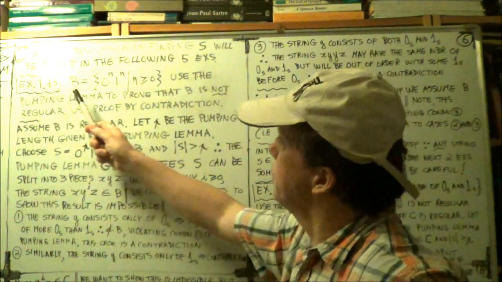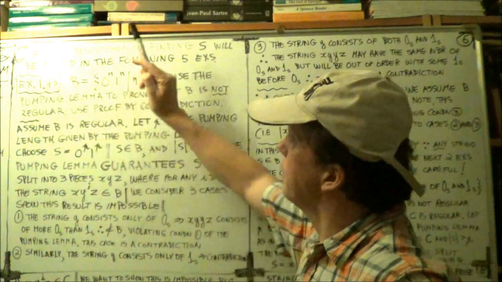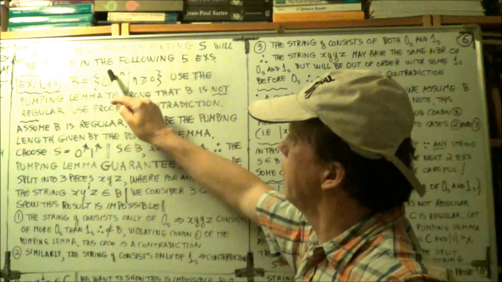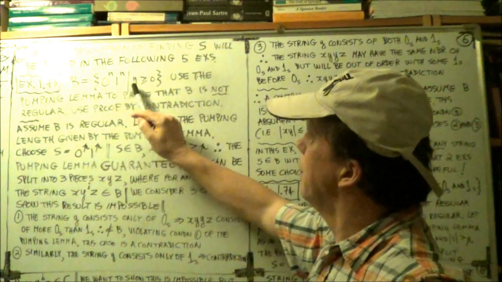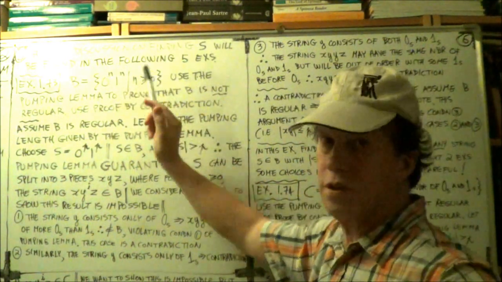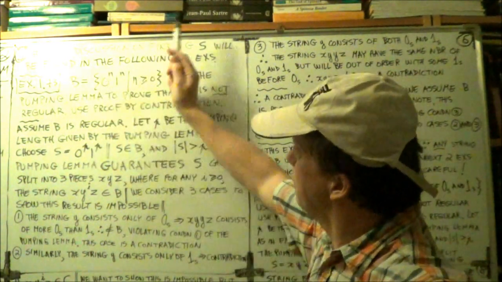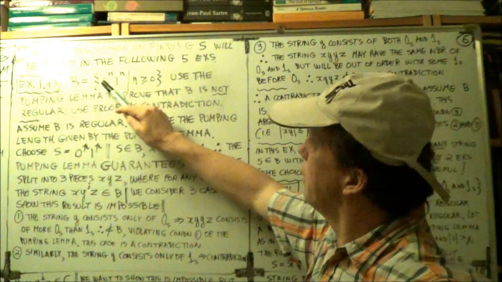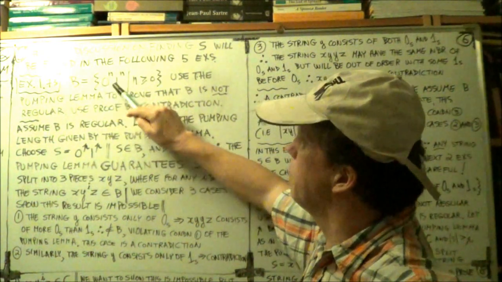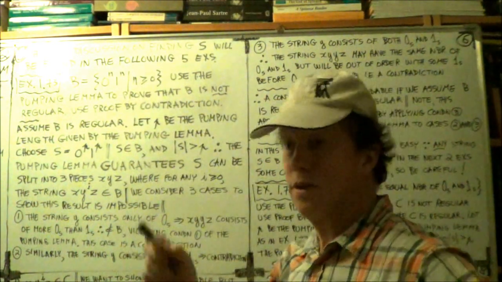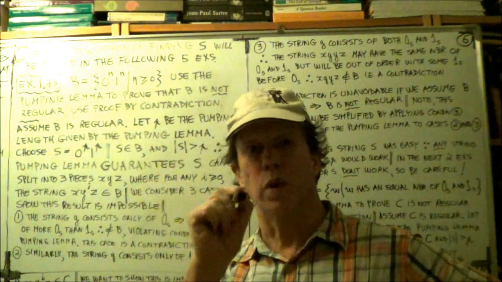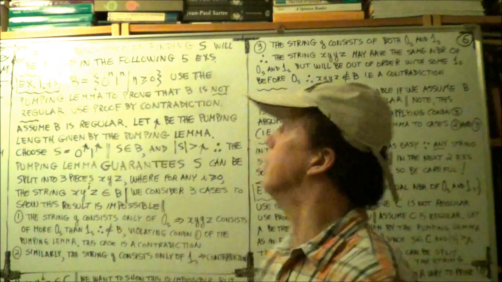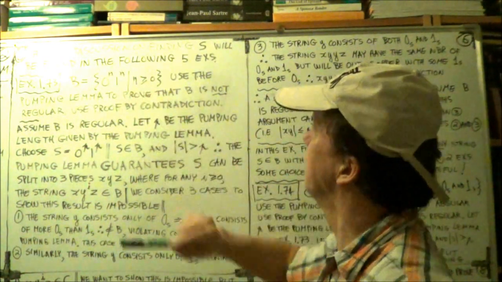So here's our first language, and the strings in your language are of the form 0 to the power n times 1 to the power n, where n is a non-negative integer. So for a given non-negative integer n, you'll have a bunch of zeros followed by the same number of ones. For example, 0, 0, 0, 1, 1, 1. The number of zeros and the number of ones will be equal, because you've got the same n here. That's your language.